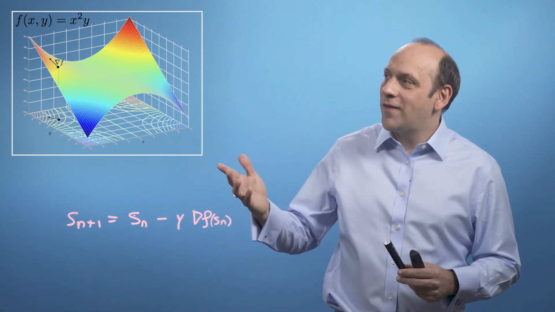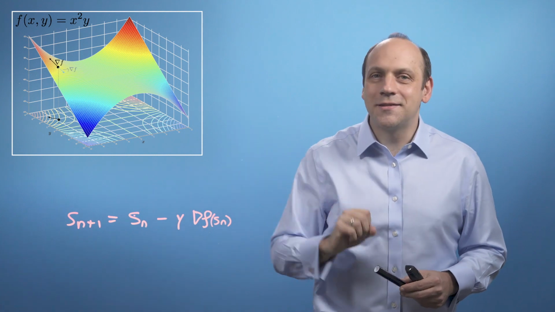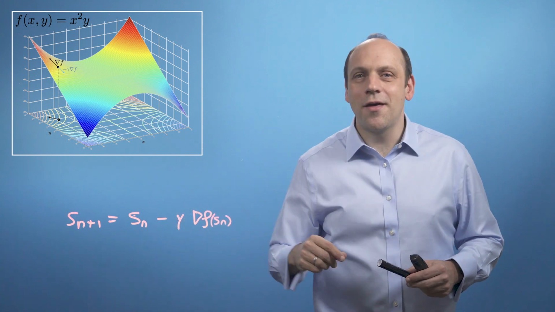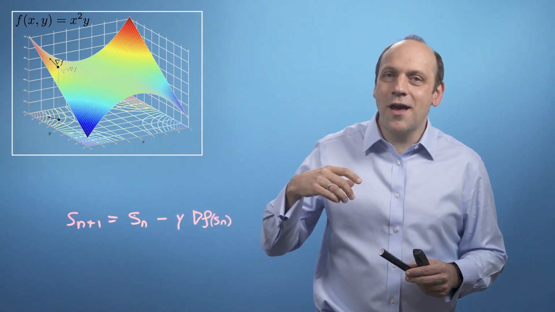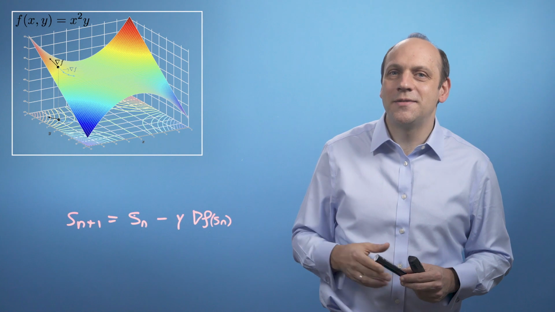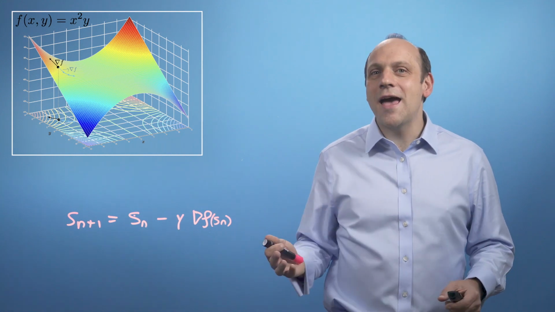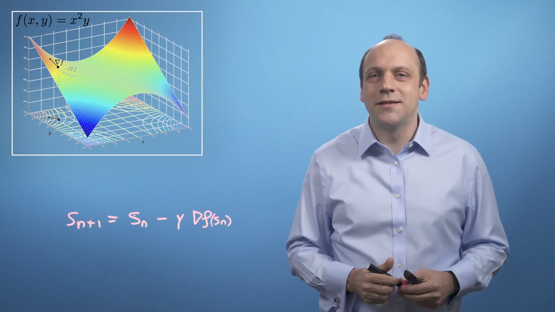On the graph, that's going to look like taking a little step, the little blue one, down the hill, and then we reevaluate, make another Sn plus 1, and take a series of steps down the hill. If we overshoot, that's okay, because grad will just take us back to the minimum.